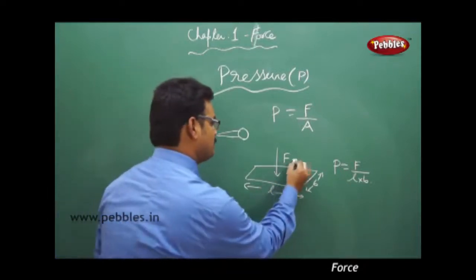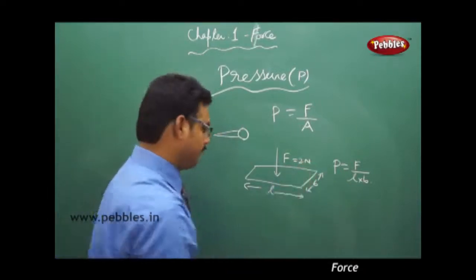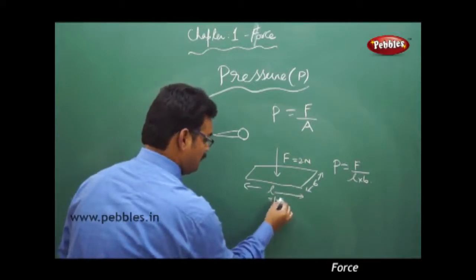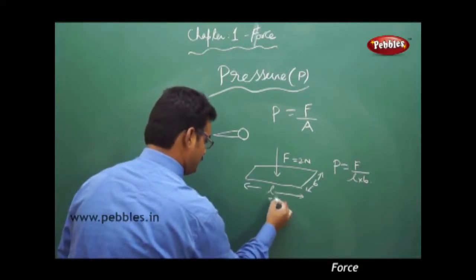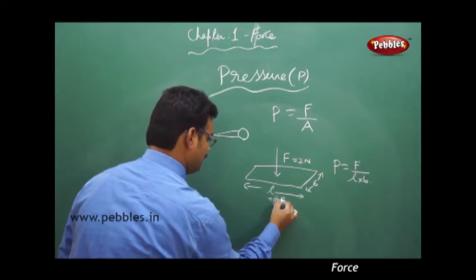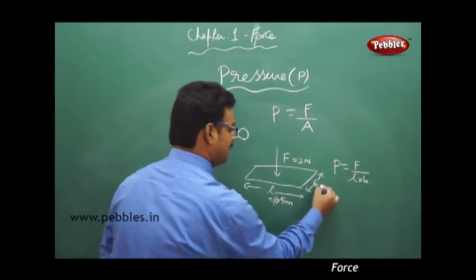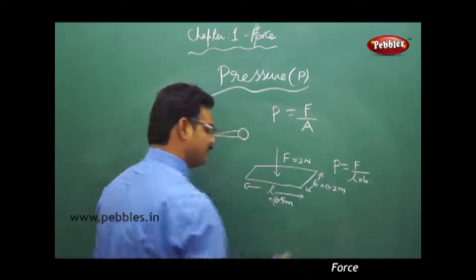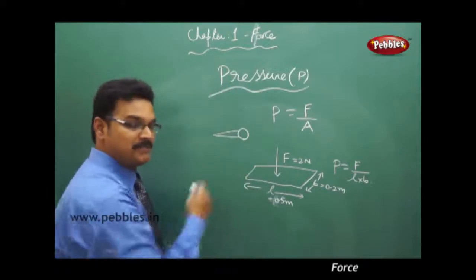Say the force is 2 newtons, the length is 0.5 meter and the breadth is 0.2 meters. Then what is the pressure?